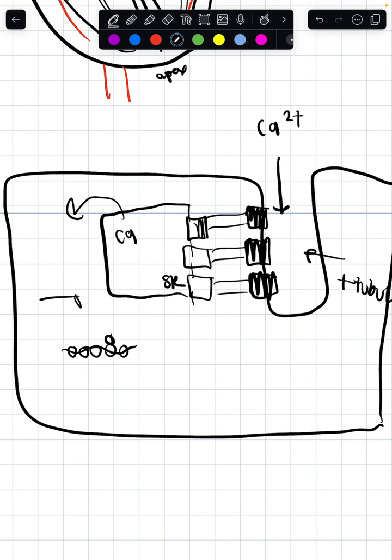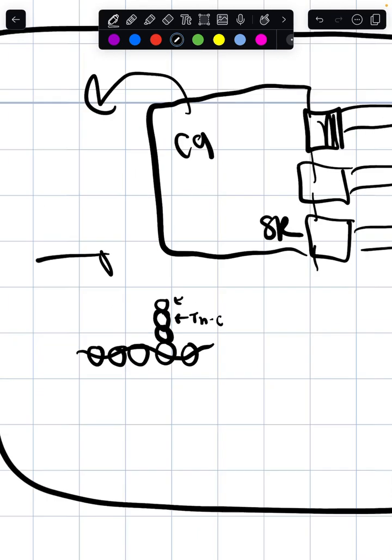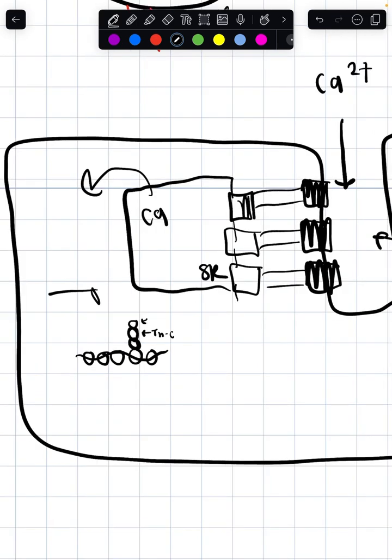We have 3 types of troponin. Troponin T, which is going to bind your tropomyosin to your troponin, which is what we're looking at right here. Troponin C, which binds to calcium. And then troponin I, which acts as an inhibitory complex. If it is on, you're not going to get any contraction because it's blocking all of these guys from contracting.